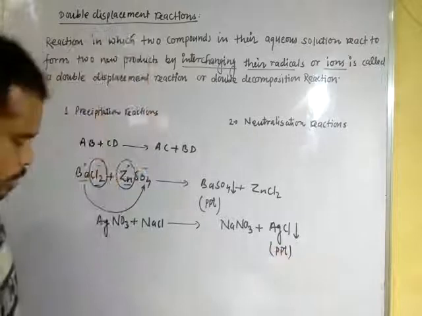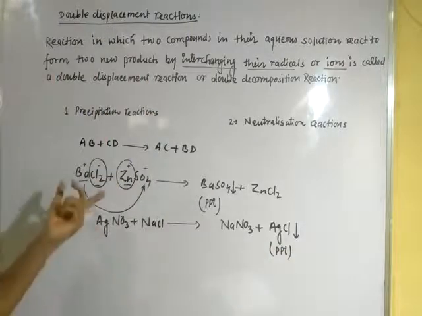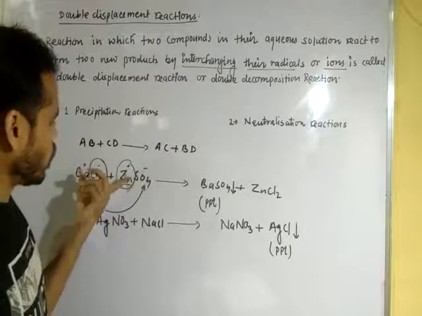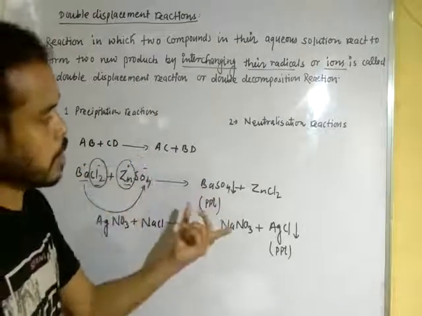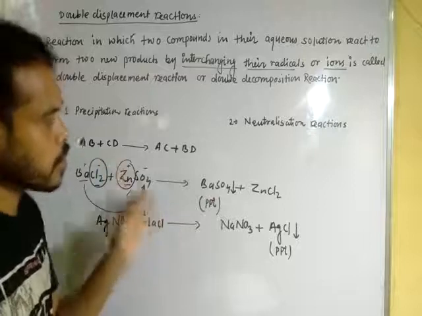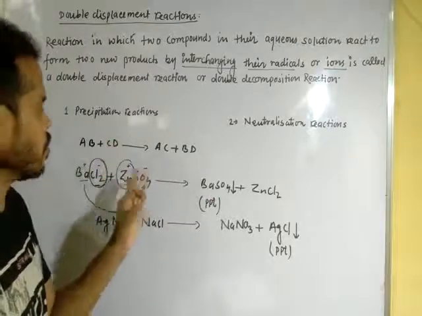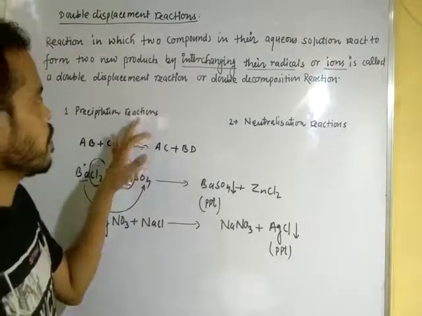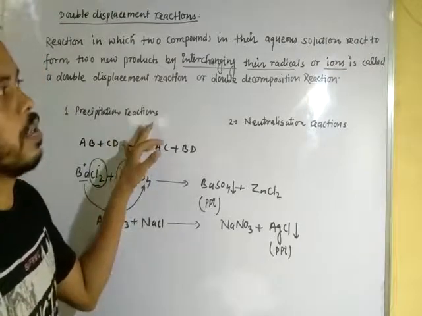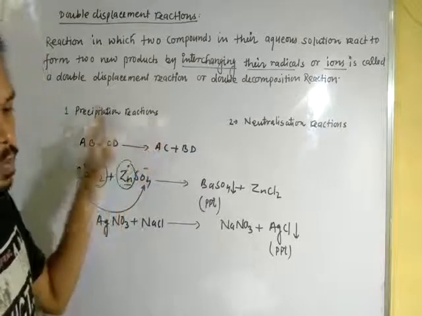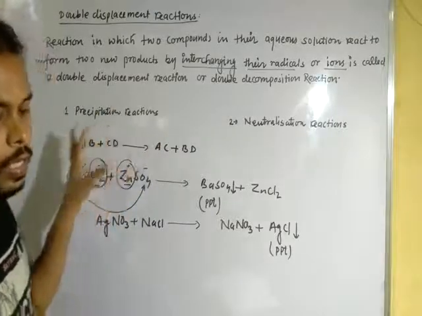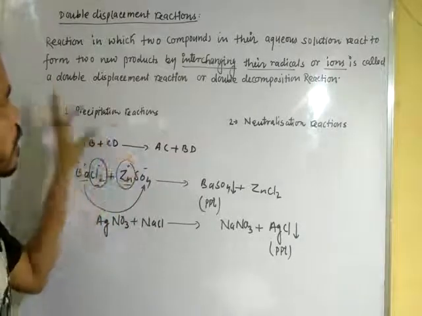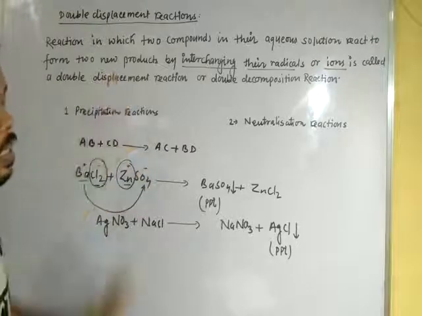So you can see how, after decomposition, two compounds form another type of compound, but at least one should be in precipitate form. This reaction is known as a precipitation reaction. So when a double decomposition reaction forms a precipitate, it is known as a precipitation reaction.